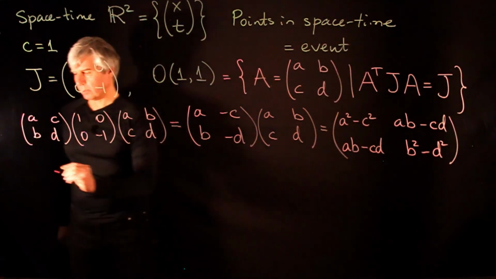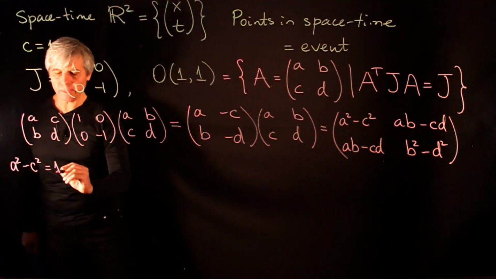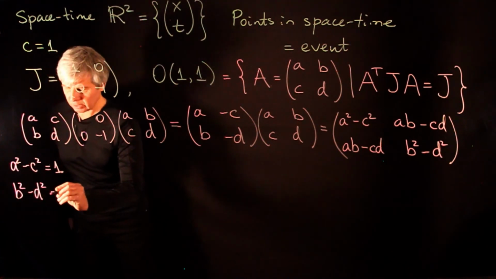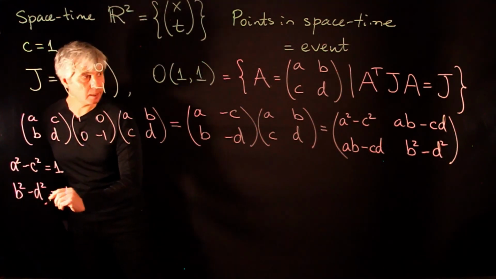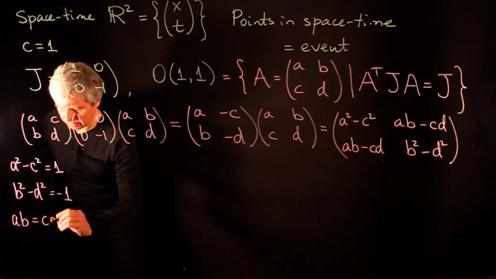So we get the following equations. A squared minus C squared is equal to 1. B squared minus D squared is equal to minus 1. And AB is equal to CD.